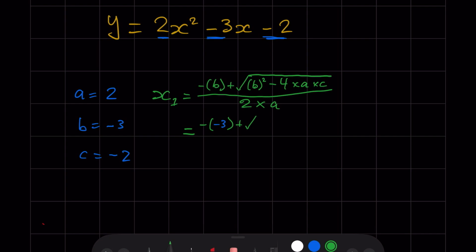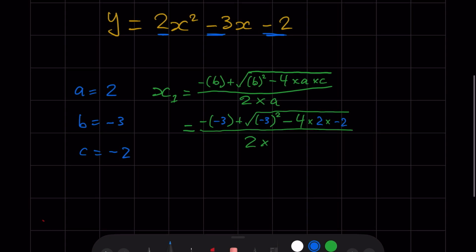Plus the square root of negative 3 in brackets again, squared, minus 4, the 4 is part of the formula, times a, which is 2, times c, which is negative 2. All of that is square root, over 2, because that's part of the formula, times a, which is 2.